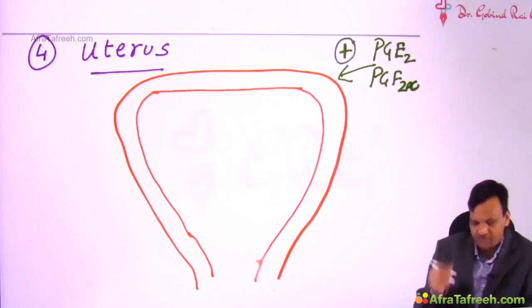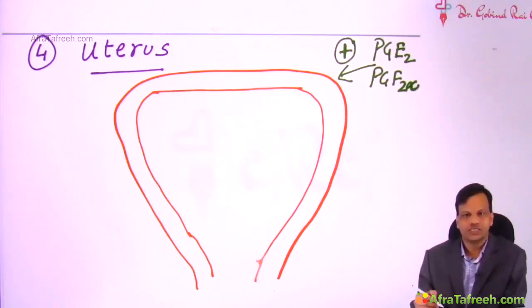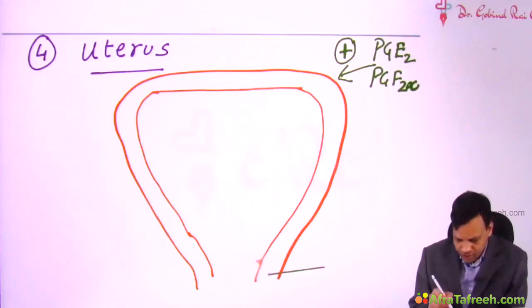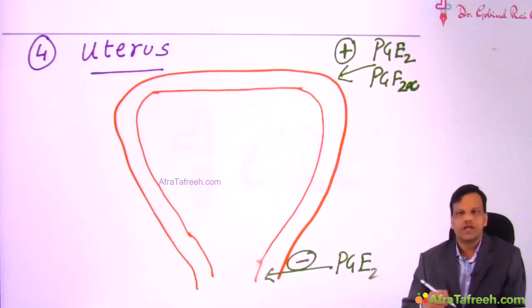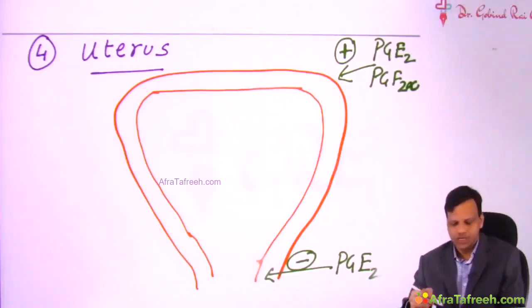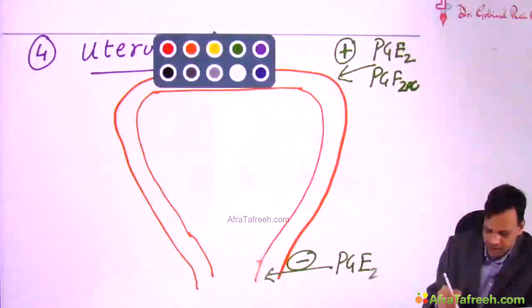PGE2 and PGF2 alpha contract the upper part of the uterus, whereas prostaglandin E2 relaxes the lower segment of the uterus. The upper segment is contracted but the lower is relaxed by PGE2. And this thing we can utilize in abortion.